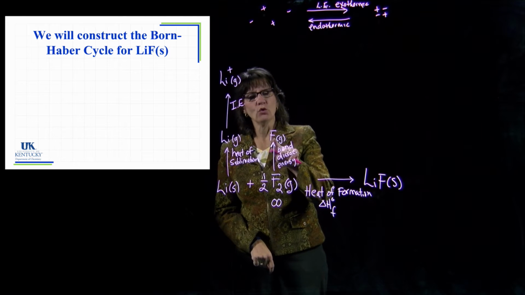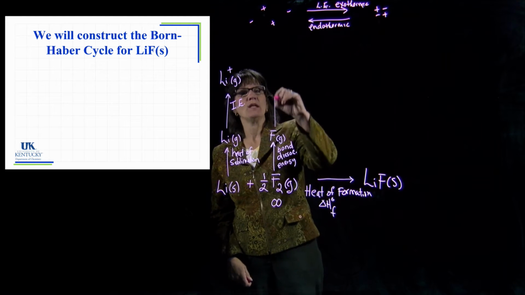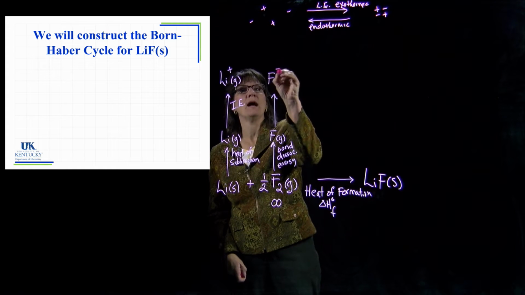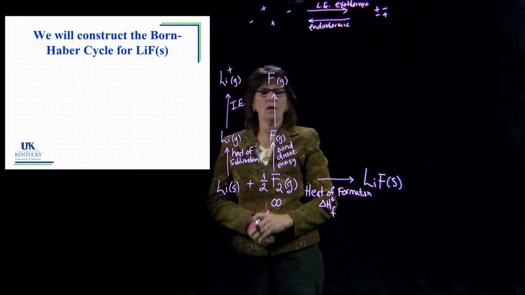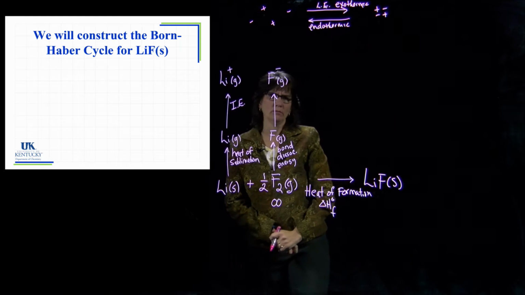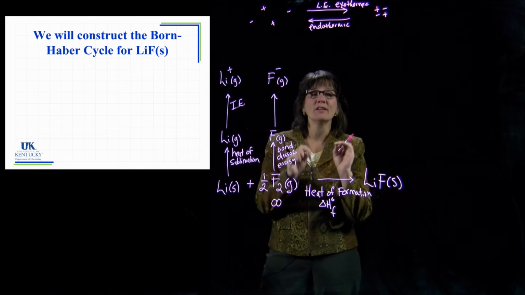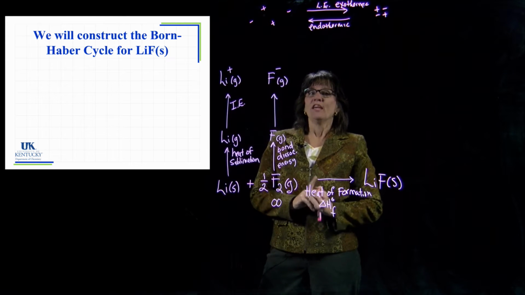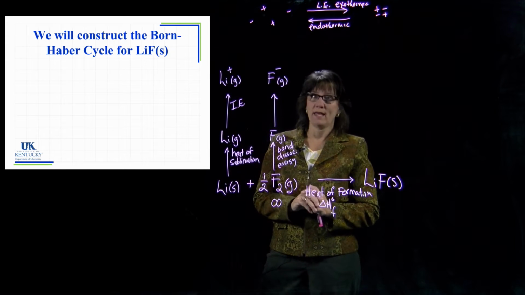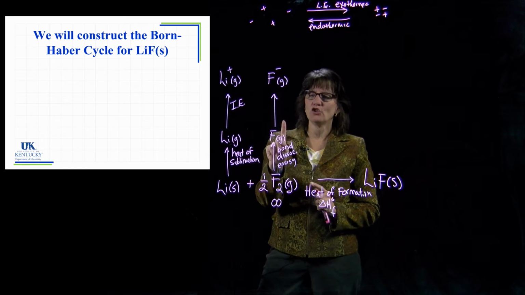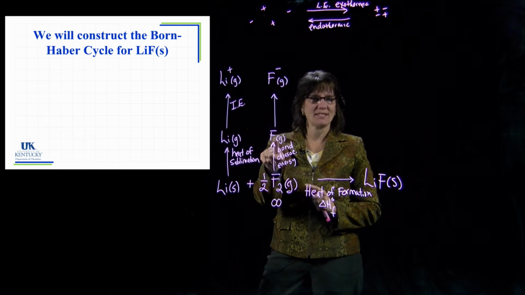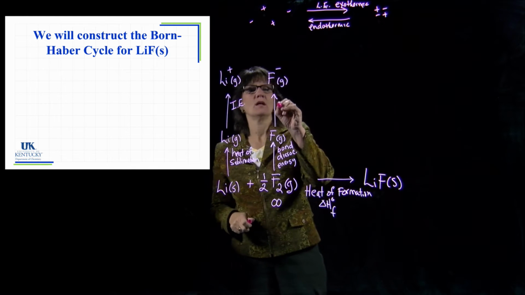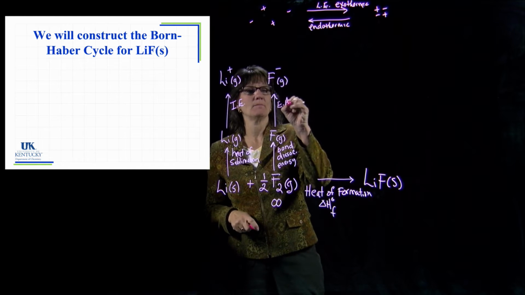Now we have a fluorine in the gaseous state, and we need to get it into a gaseous ion. So we're going to turn it into F minus gas. Okay, you know this energy as well. Let's hear the definition, and you tell me what the name of this energy is. The energy change when an electron is added to an atom in its gaseous state. What was that? Well, that was electron affinity.